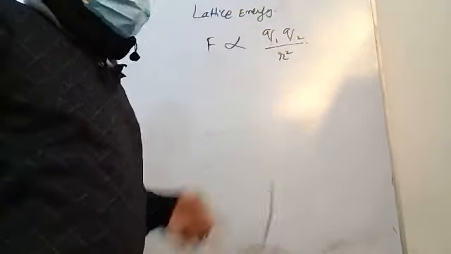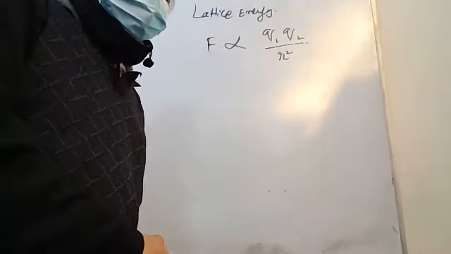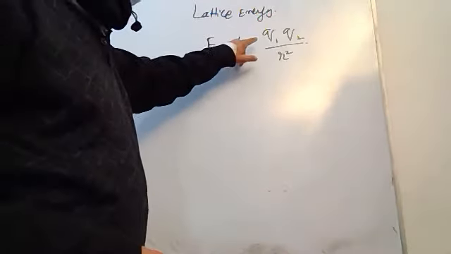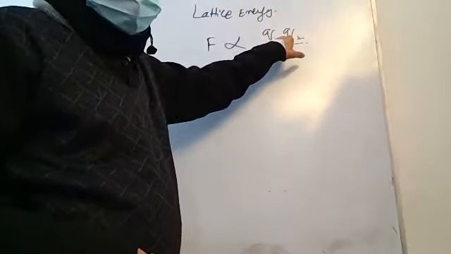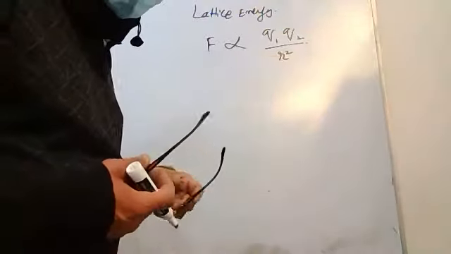That distance they are separated by depends on the sizes. The larger the ions, the larger the R, so weaker is the attraction. So more importantly, the charges. If the charges are large, no matter what the size is, the lattice energy is going to be large.